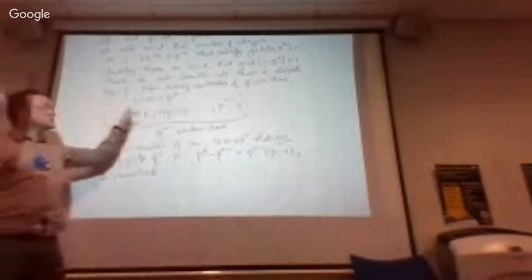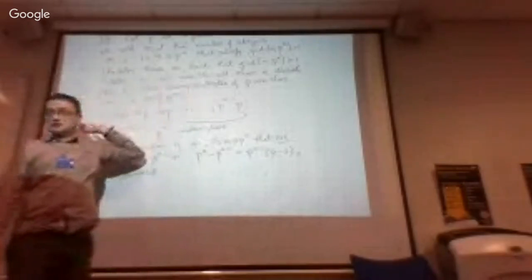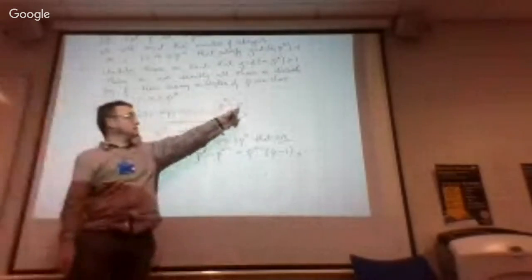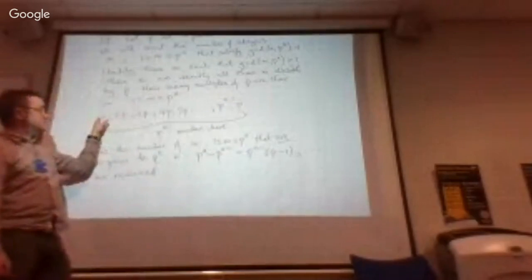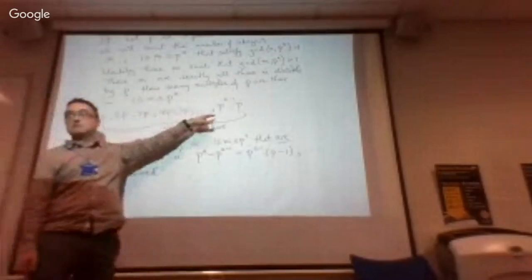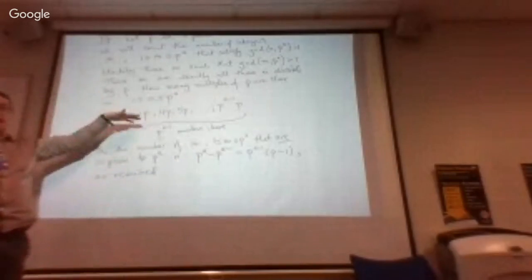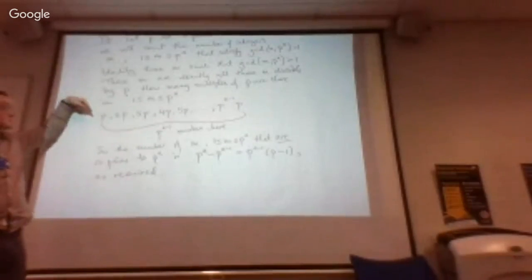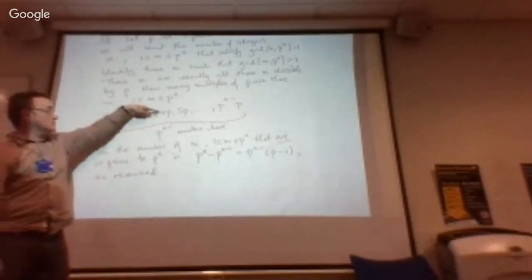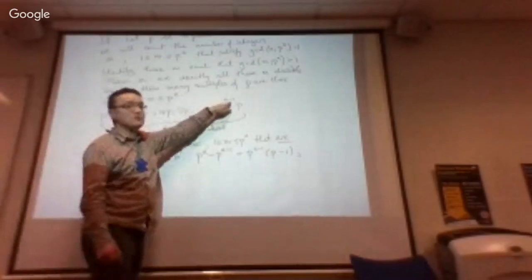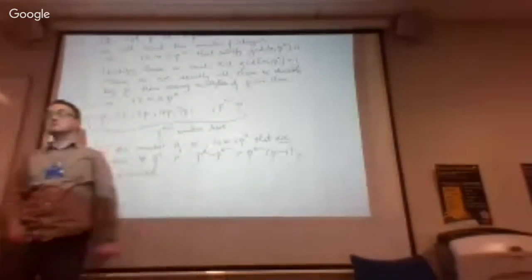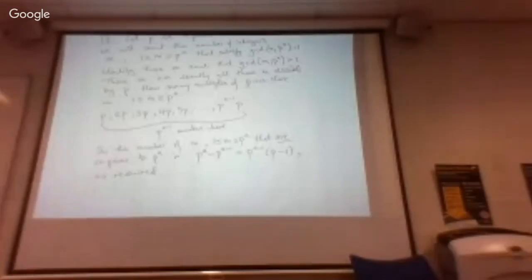So I want to list all the multiples of p in a way that shows they are obviously multiples of p, so some integer times p. And when I write them like that, you can literally just count them. Because there's 1, 2, 3, 4, 5, up to p to the a minus 1. Yeah.